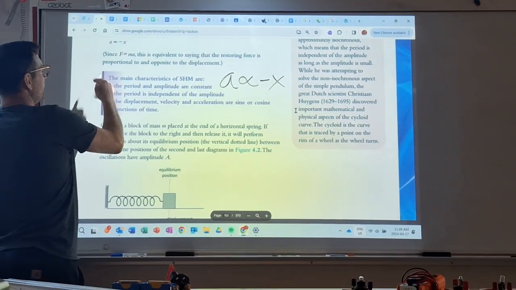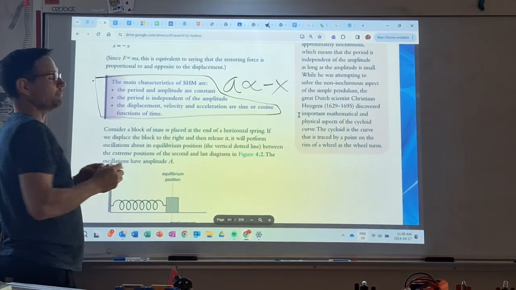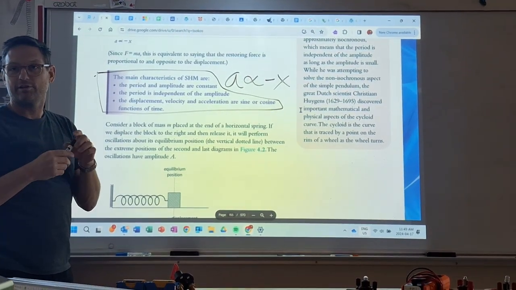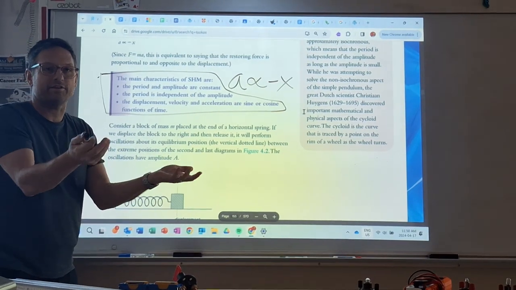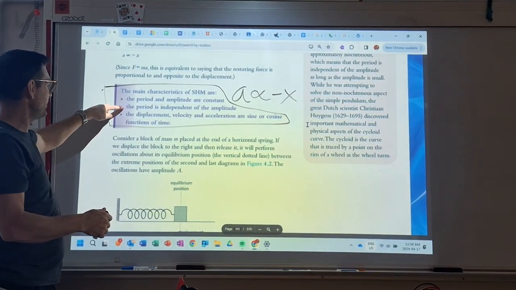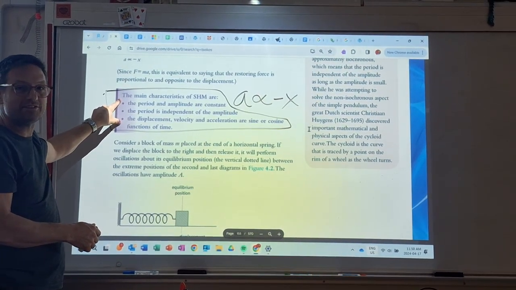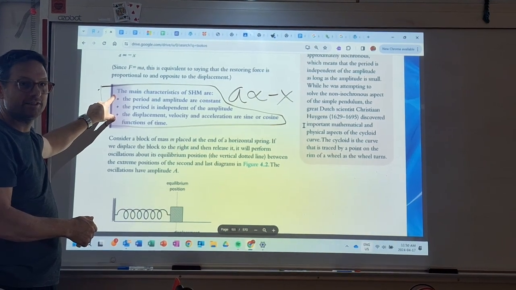This is your list, so I would remember this. Just memorize it, because they'll come up with a situation, they'll say, is this simple harmonic? So does it satisfy these 3 things? And even if you don't know, if you say these 3 things, they'll often just give you the mark anyways.